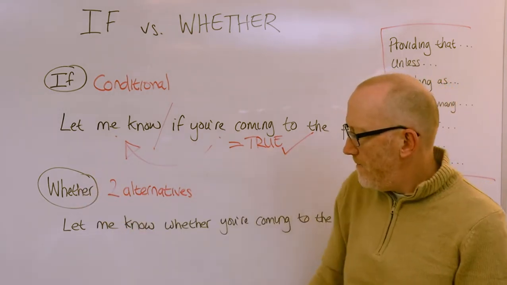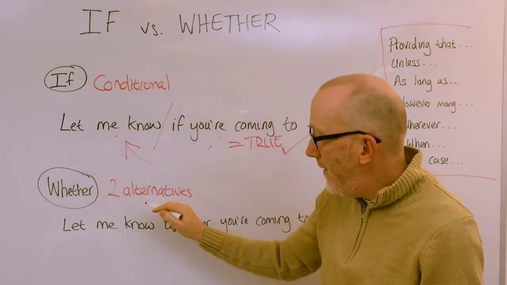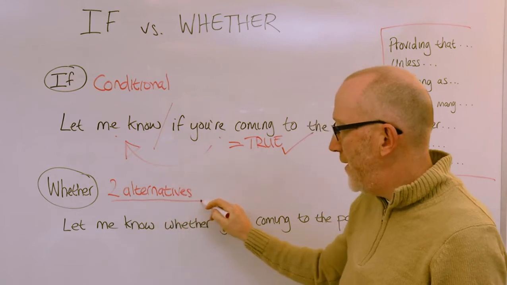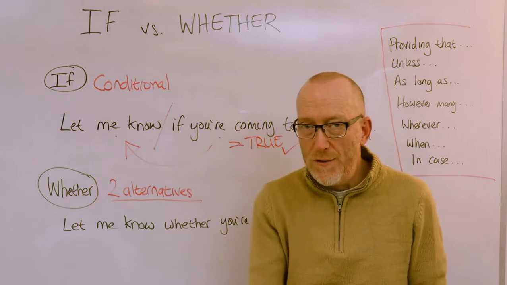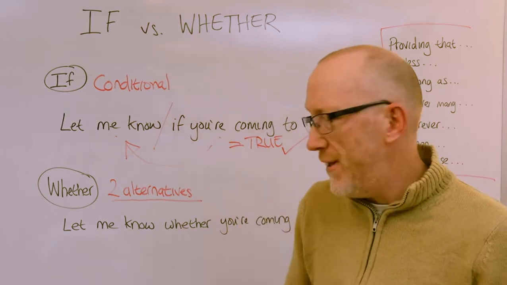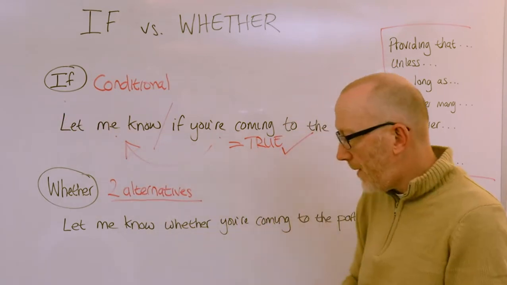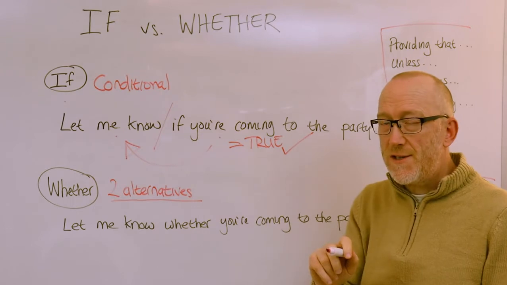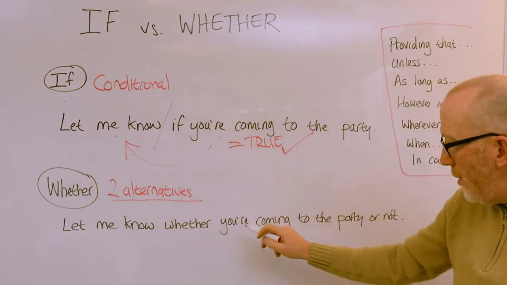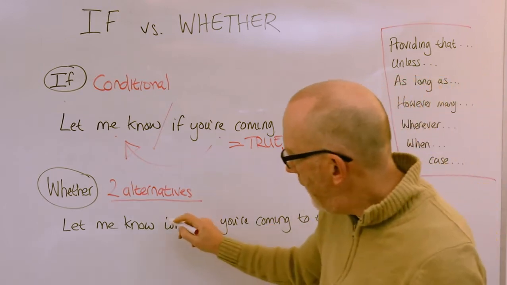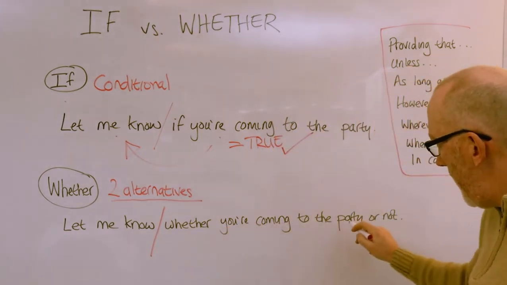Whether, however, we use in exactly the same sentence, but when there are two alternatives. Now, only two alternatives. If there are 3 alternatives, 4 alternatives, 100 alternatives, you would actually use if again, okay? But when there are 2 alternatives, we use whether. So here's our sentence: let me know whether you're coming to the party or not. So let's split the sentence again there. Whether you're coming to the party or not.